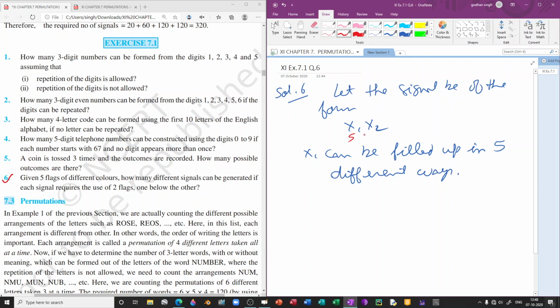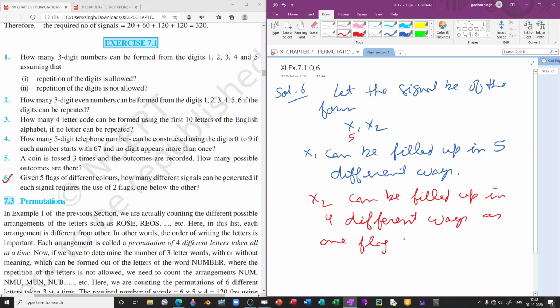So x2 can be filled up in how many ways? 4 different ways, as 1 flag has been used for x1.